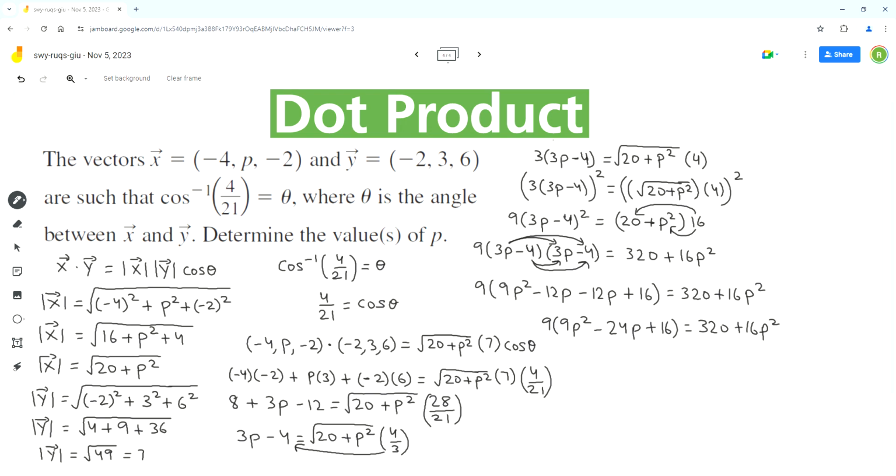Next we can distribute the 9 into the parentheses. Nine times 16 is equal to 144.